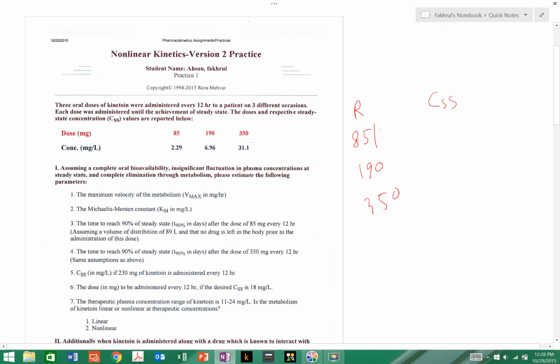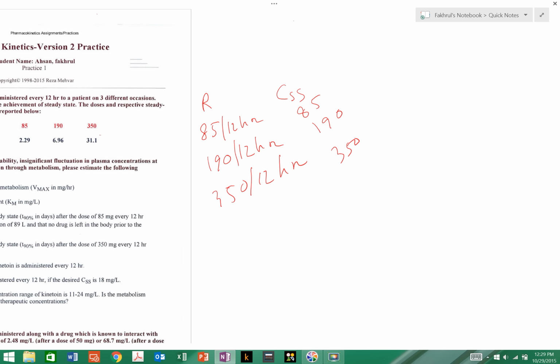So these are per 12 hours. I am not changing anything here. CSS is 85, 190, and 350, and then you have to come up with another column which is R over CSS.